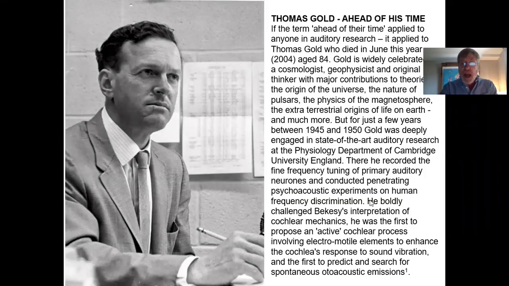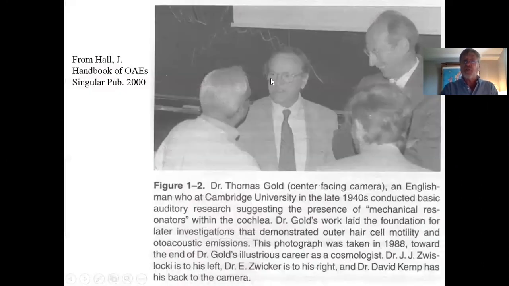He boldly challenged von Bekesy's interpretation of cochlear mechanics. He was the first to propose an active cochlear process, in other words, outer hair cells, involving electromotile, in other words, movements, to enhance the cochlea's response to sound vibration, to make the wave bigger, and to predict and search for spontaneous otoacoustic emissions. Weird, huh? This is a picture of Gold soon before he passed away.